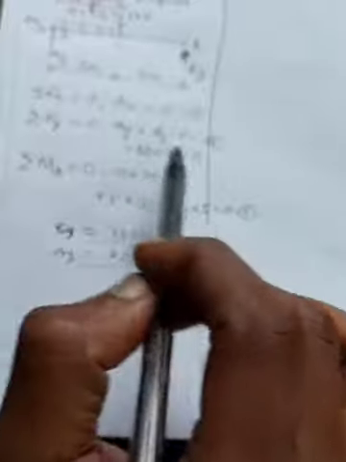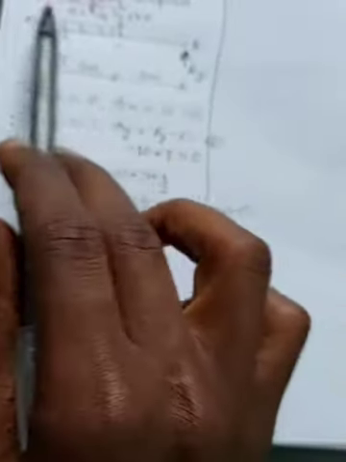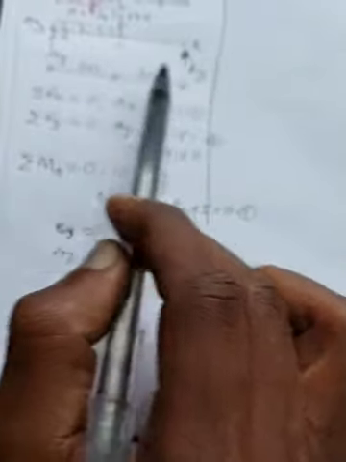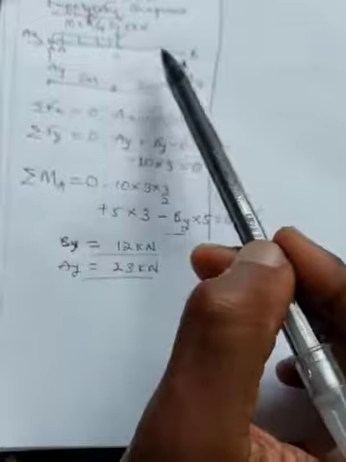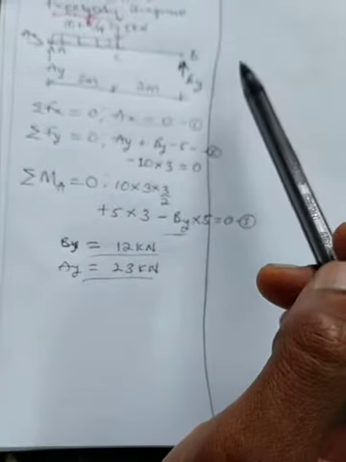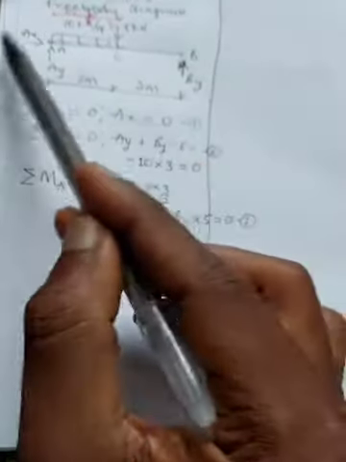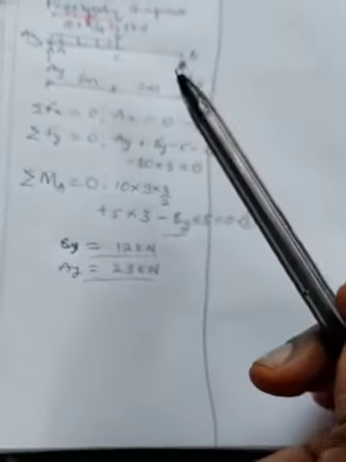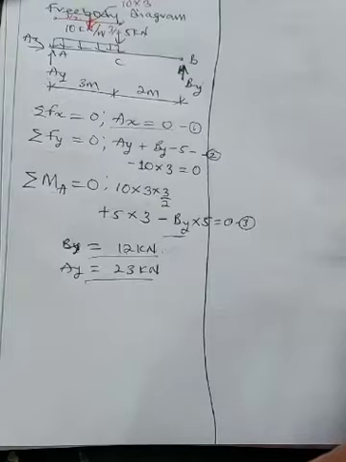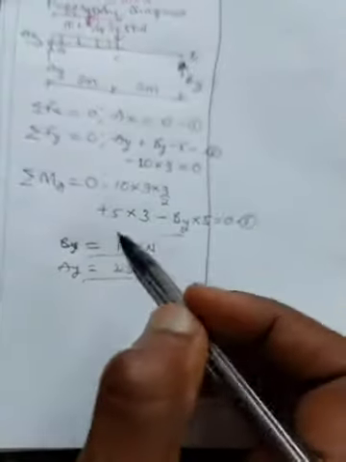Because once your equations are right and your reactions are found to be right, your beam is in equilibrium. So if you take moment about any point, you must get 0. Even if you sum forces, either in the vertical or horizontal direction, you must get 0 also.